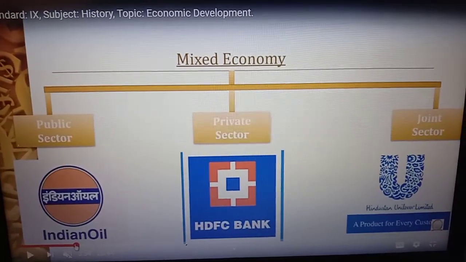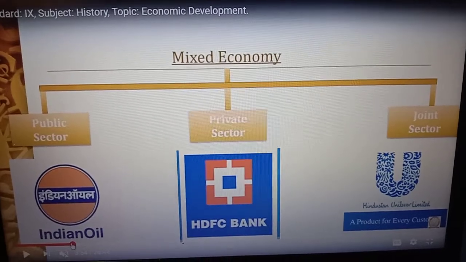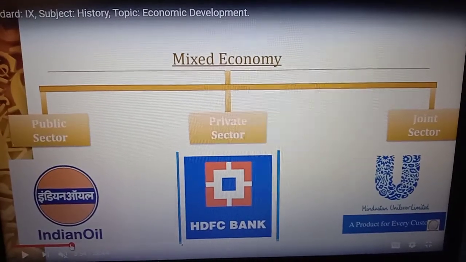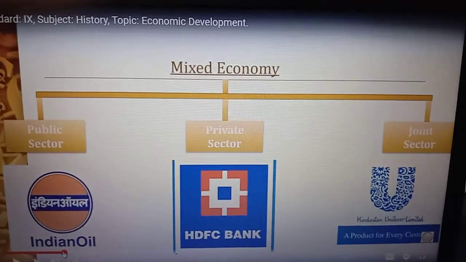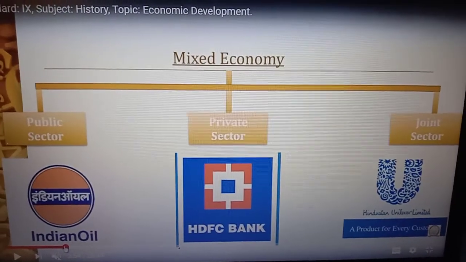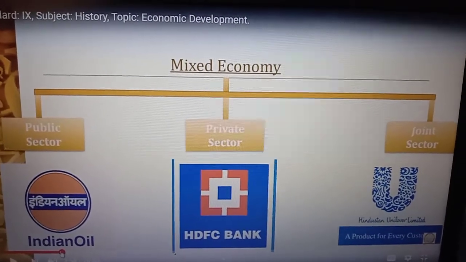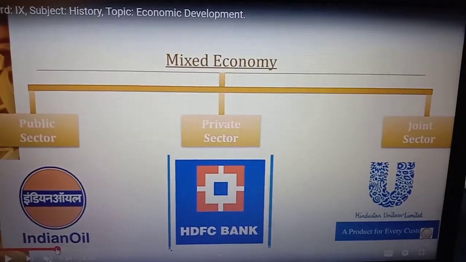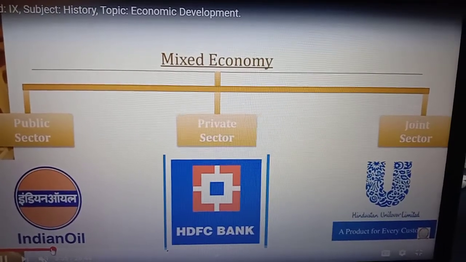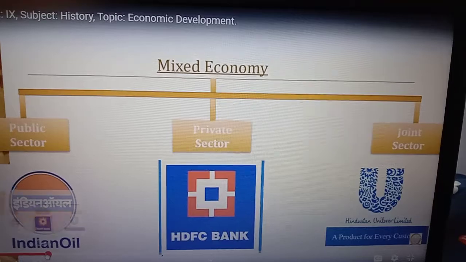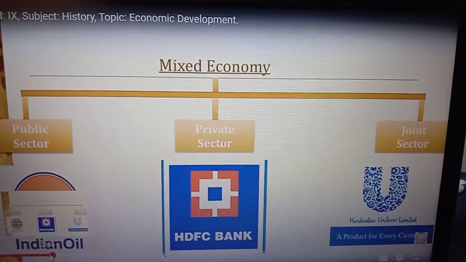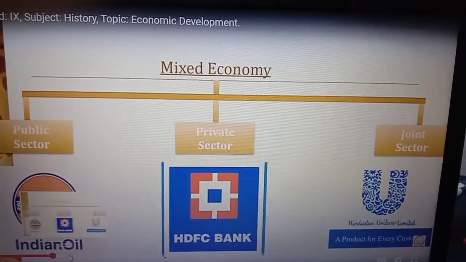Public sector examples are the production of defense equipment and Indian Oil. These are all public sector, where control is totally in the hands of the government, whereas in the private sector, the industries are owned by private industrialists.